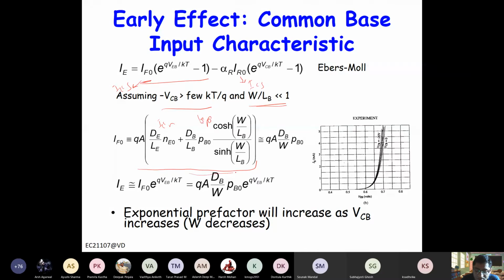So you can take out this one, and for a smaller width, sinh x can be approximated as x, W by LB. So LB will cancel. We have D B by W times PB naught QA. So your IF naught is basically inversely proportional to the width.